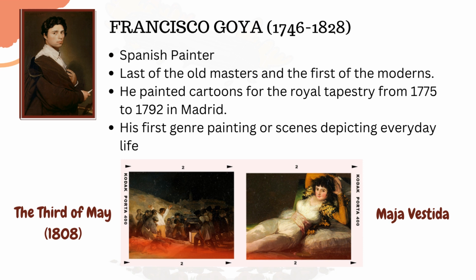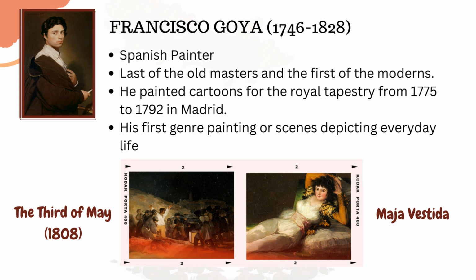And some of his work were the 3rd of May na ginawa niya nung 1808 and yung Maja Vestida. Alam ko yung Maja Vestida na yan, meron pang kasama yan, yung Maja Desnuda. Yung Maja Vestida na yan, yan yung in English, Maja clothed, literal na nakadamit.